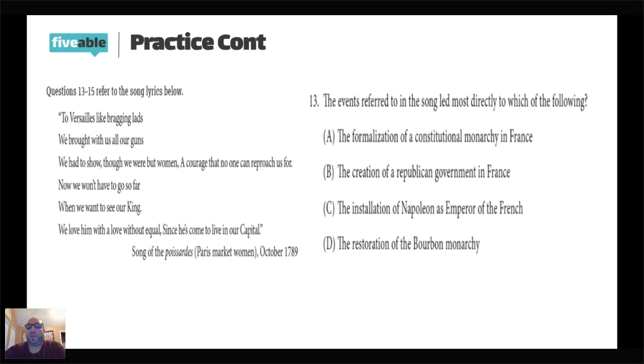One thing that you can do is go through each one of these answer choices that I've got projected. The formalization of a constitutional monarchy in France. Is anything in that statement wrong? If it's wrong, then it can't be the answer, okay? The creation of a Republican government in France. Again, is anything wrong with that statement? If it's wrong, it can't be the answer. If C said the installation of Louis Philippe as emperor of the French, that's wrong.